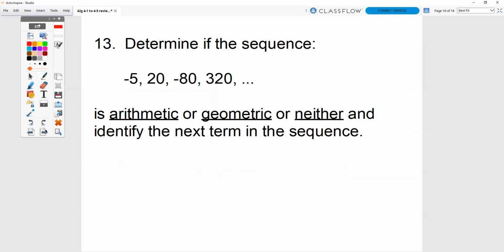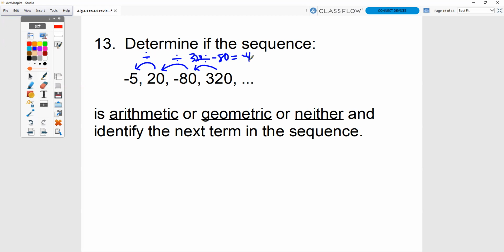In question number 13, determine if the sequence is arithmetic, geometric, or neither. Again, to figure out if it's arithmetic, you want to see if you're adding or subtracting by the same number each time. I can clearly see that going from 5 to 20 to 80 to 320, you're not adding or subtracting by the same. So the easiest way is to divide going backwards. 320 divided by negative 80 is negative 4.